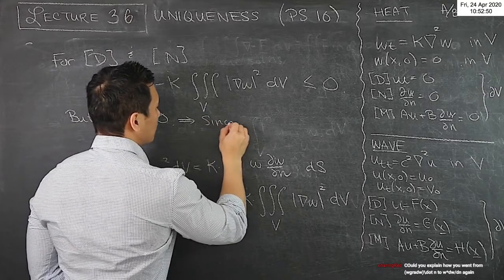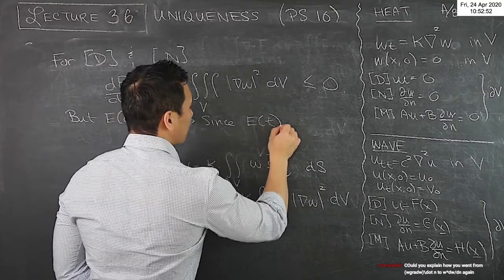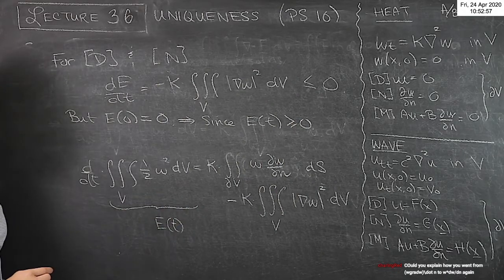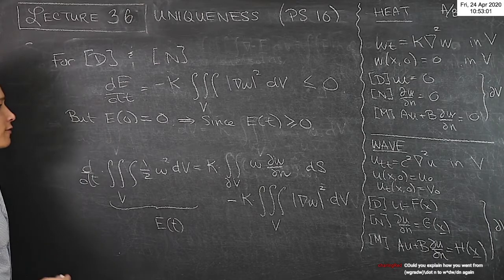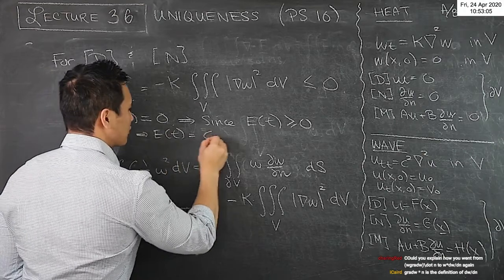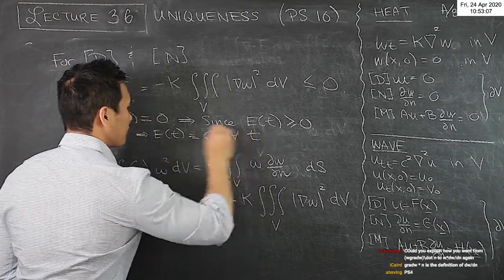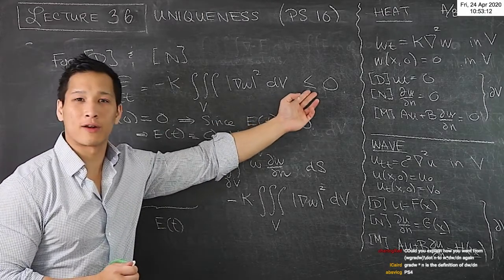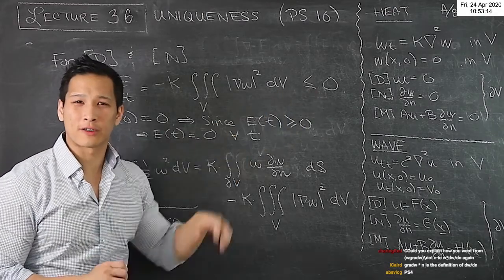Since the energy here has to be greater than or equal to 0, because it's the integral of a squared quantity, then naturally the only way this is possible is if E is equal to 0 for all t. It has to start from 0, it has to be nonnegative, and the rate of change has to be less than or equal to 0, therefore it has to remain at 0.